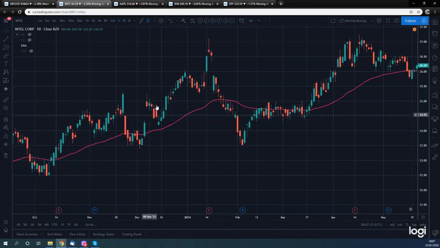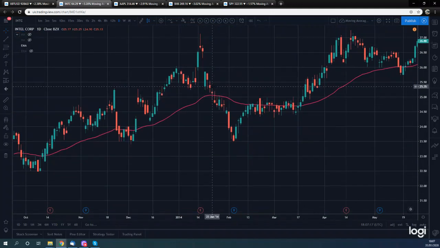We get some moves below that are then picked up again, and then we get a blow-off top here, quite a distance away from the 50 period moving average, and we also get a reversal candle. This is a doji candle, but we'll cover that in a different video on candlestick analysis. The doji candle often signifies the top or the bottom of a market, depending on whether it's going up or down and the shape of that candle.